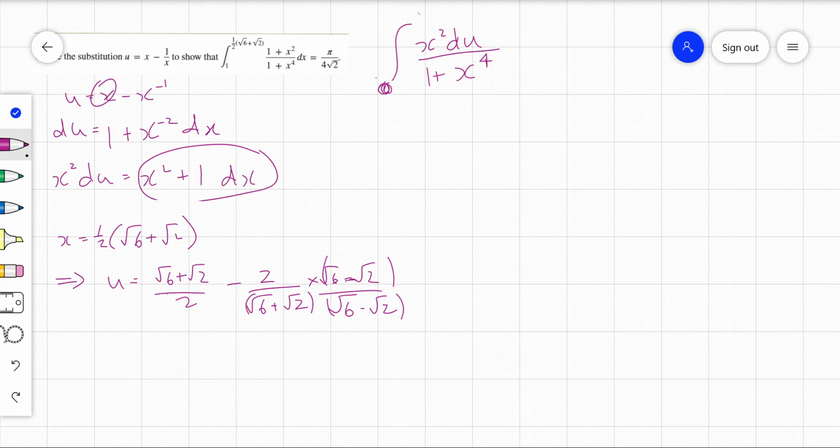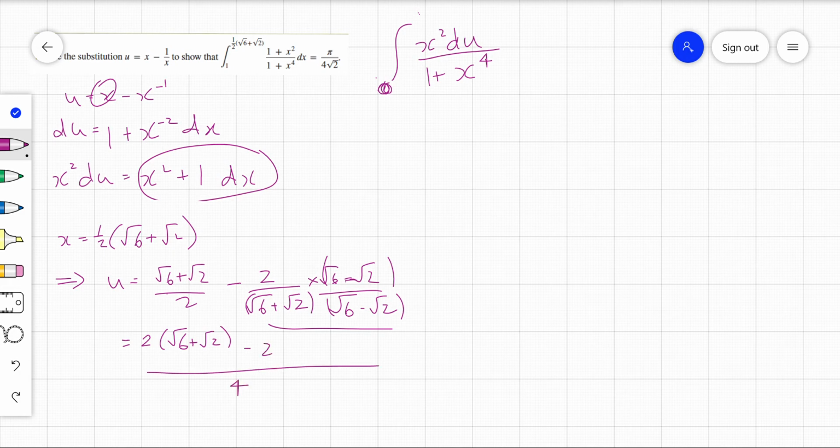And you can see that here we will get a 6, I'm going to get 6 minus 2, which is 4. So I'm going to get a common denominator of 4.